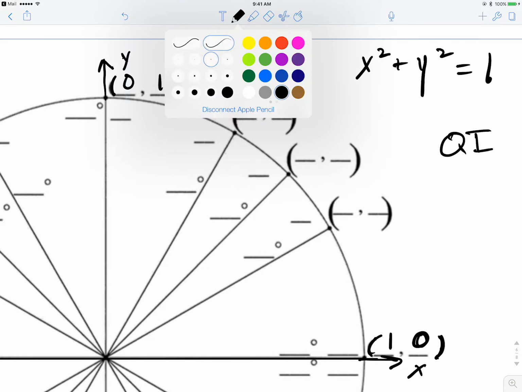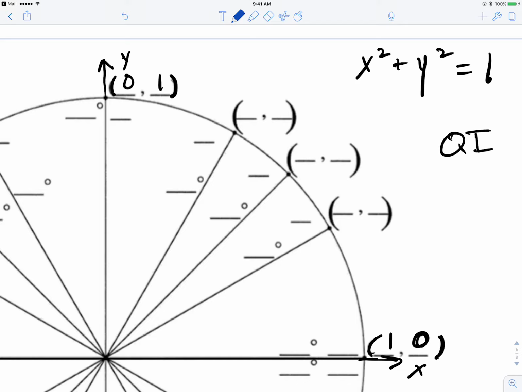Here, I'm going to use a dark blue. This angle right here is 0 degrees. We're only filling in the degrees right now. The way that we're determining each angle is we start at 0 and think about the ray being rotated. So this next angle is going to be 30 degrees.